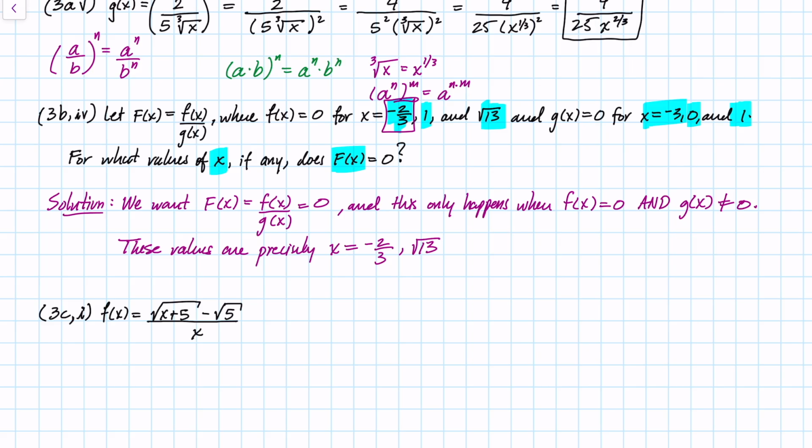Now we cannot select 1, because even though 1 makes f of x equal to 0, 1 also makes g of x equal to 0, and we want to avoid dividing by 0. So these are the only values for x for which big F of x is equal to 0.